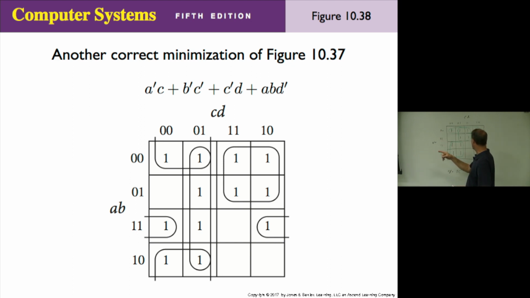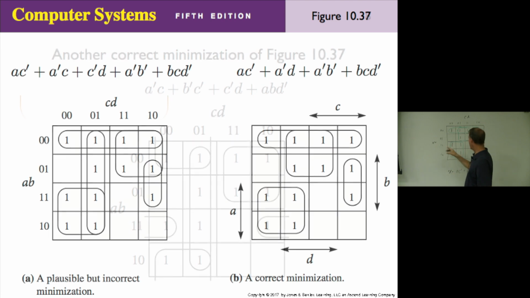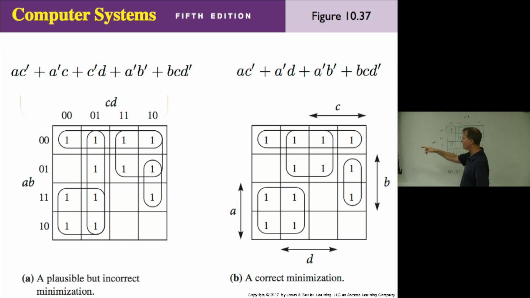I think this one is part B of figure 10.37, is it not? Yeah, it is. But what we had before was different from A. Oh, I led you down a different primrose path. That's okay. Do you see what I'm saying? I did make it easier for you.